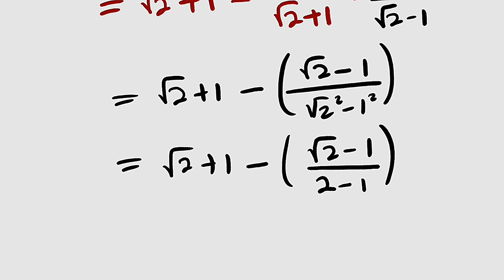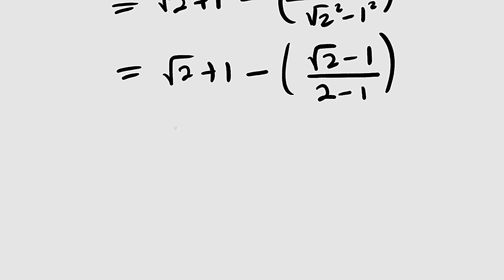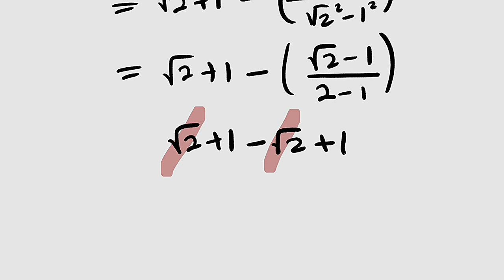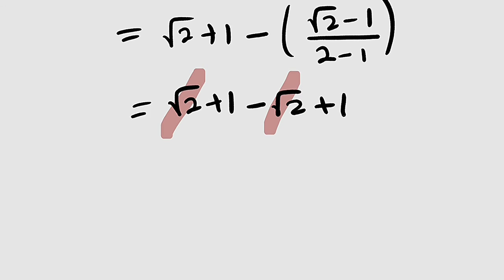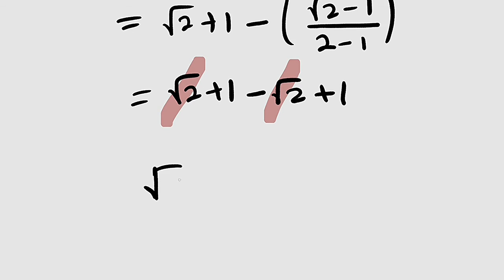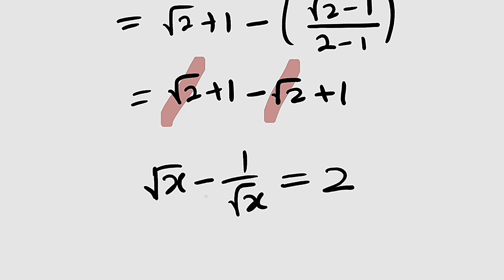So all we have is just the square root of 2 minus 1 on the top. This is the square root of 2 plus 1. If you expand using this negative sign, all other signs will change. You have minus the square root of 2 plus 1. You can clearly see that this will cancel this. All we have is 1 plus 1, which is equal to 2. Therefore, the square root of x minus 1 divided by the square root of x is nothing but 2.